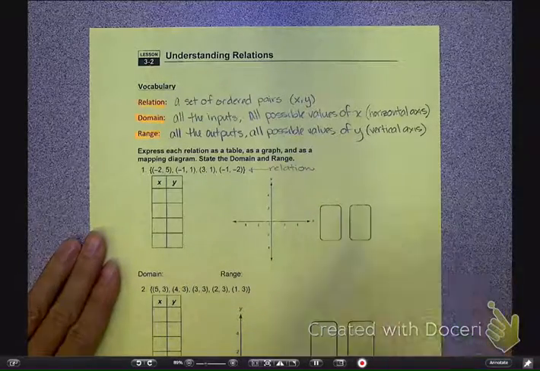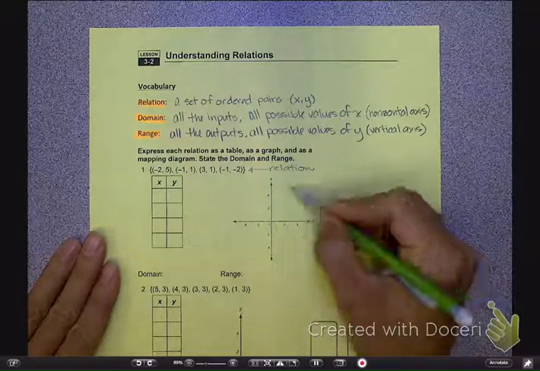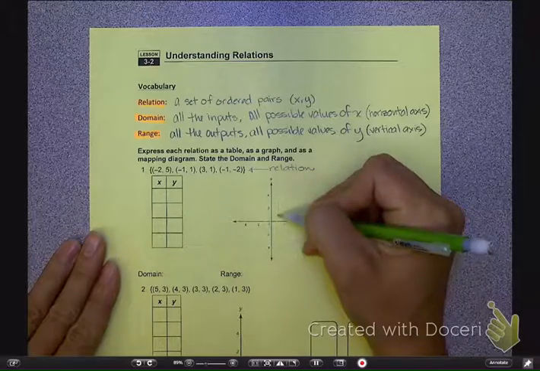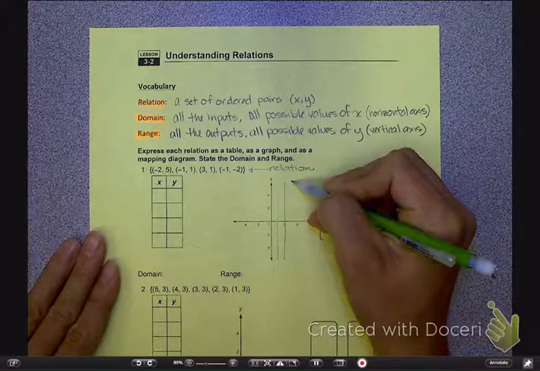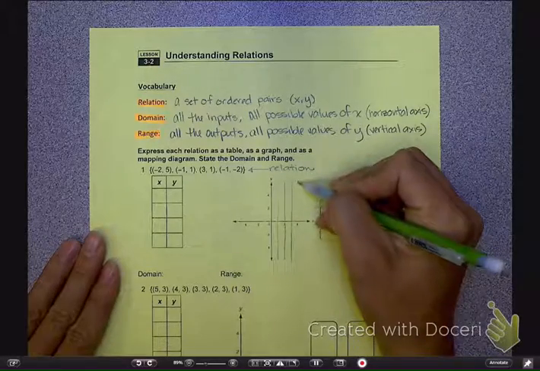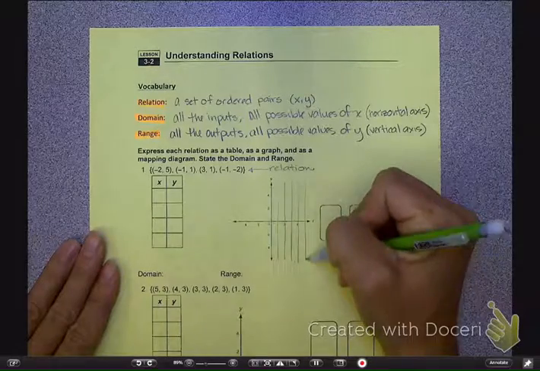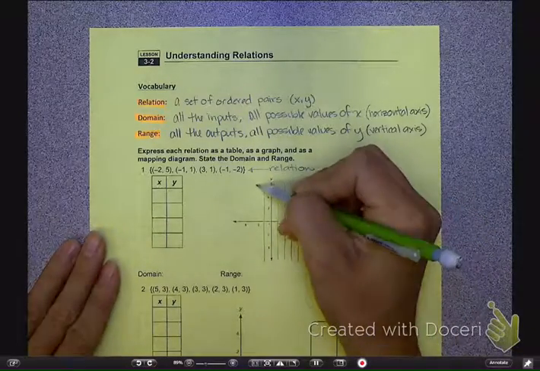mapping right here. Okay. Now, one thing I noticed about the way this printed for you guys is it didn't print the grid lines very well. So if you just want to lightly with your pencil trace over the grid lines on this before we get going, it'll make it a little bit easier for you guys to graph when we get to that part. So take just a minute to trace over these grid lines.